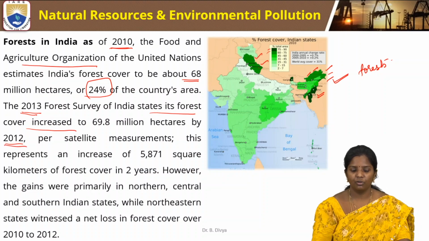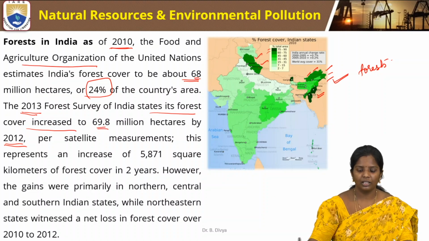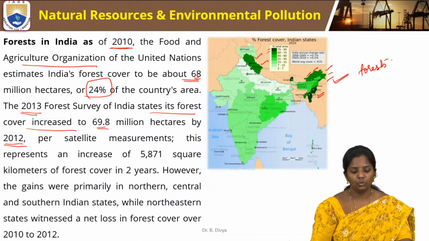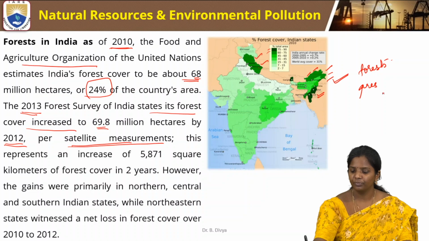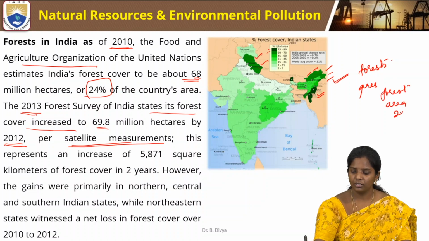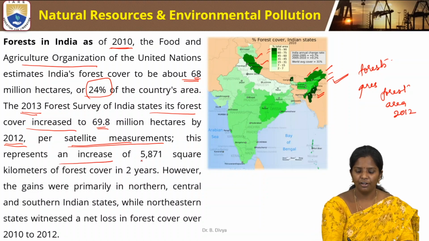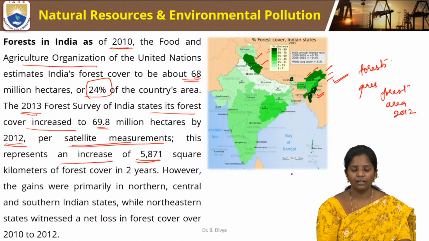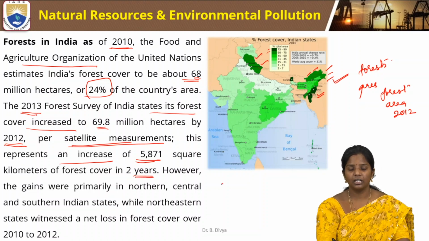It means it has increased from 68 to 69 million hectares by 2012 as per the satellite measurements. So this represents an increase of 5,871 square kilometers of forest in 2 years. So the forest area is increasing.